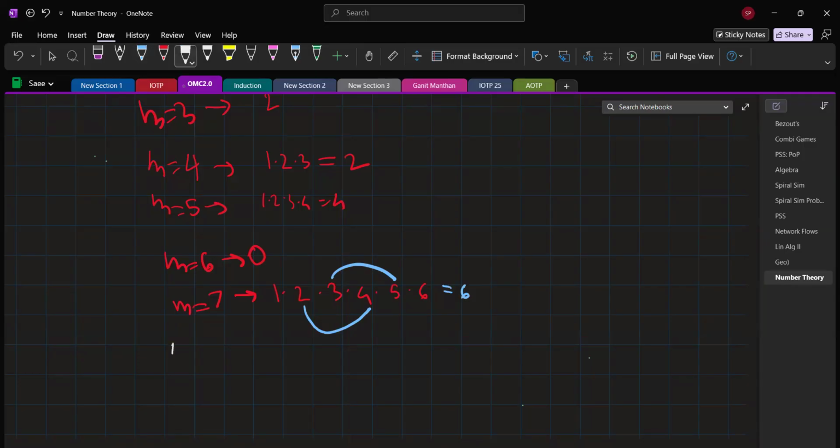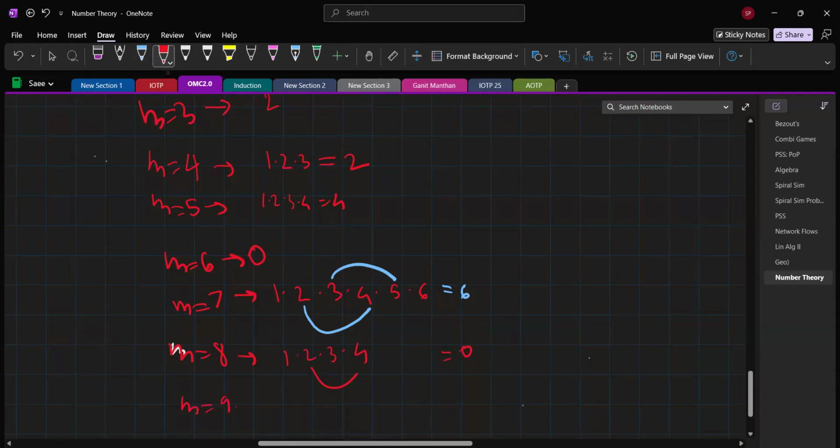So this is just going to give us 6. What happens for 8? It gives us 0 again, because you have 2 times 4 here, so it evaluates to 0. I think for any composite number greater than 4 this happens.